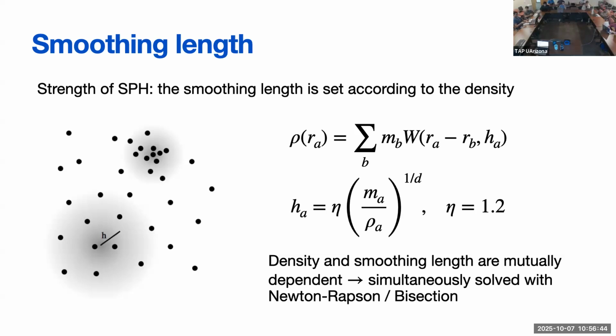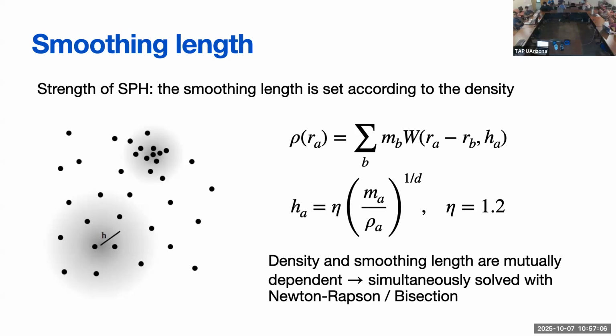These equations are mutually dependent, and they can be solved simultaneously with, for example, the Newton-Raphson method or with the bisection method. So there are a couple of iterations, and then we can solve simultaneously for h and rho.